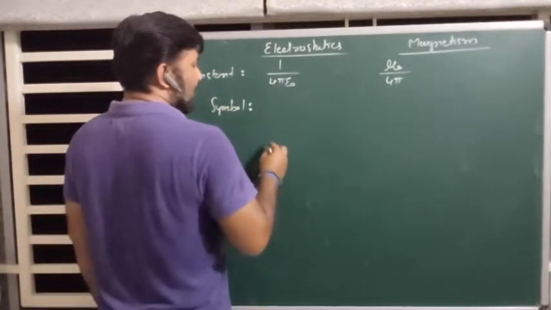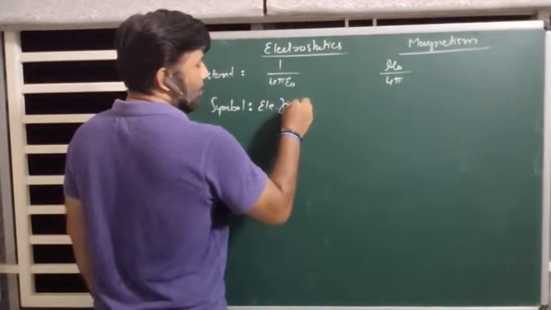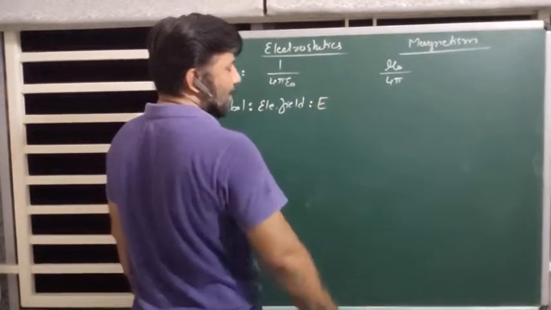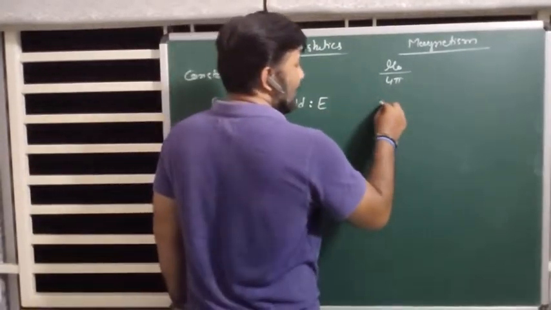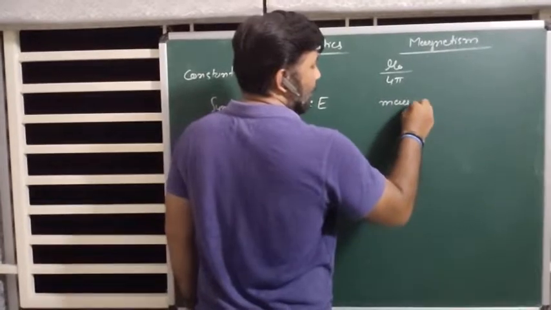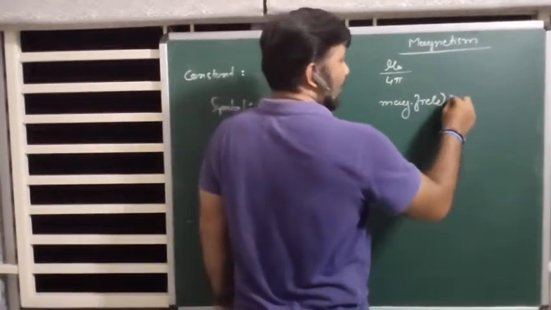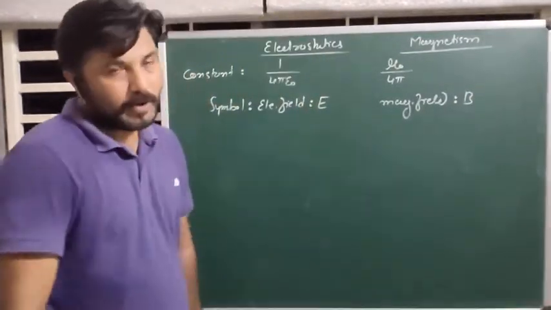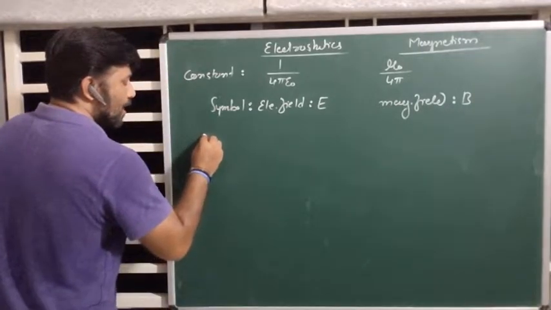In electrostatics, there is electric field, and electric field was symbolized as E, but in magnetism, there is a magnetic field, and that magnetic field is symbolized as B. Okay, then let us take its dipole.